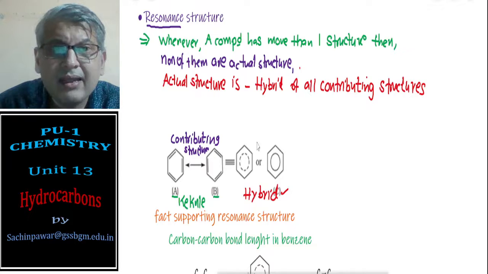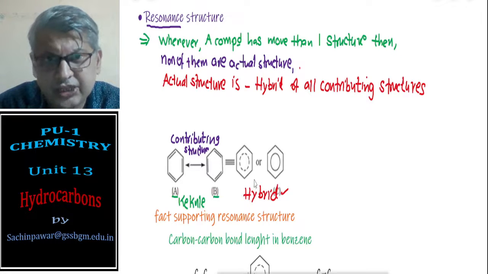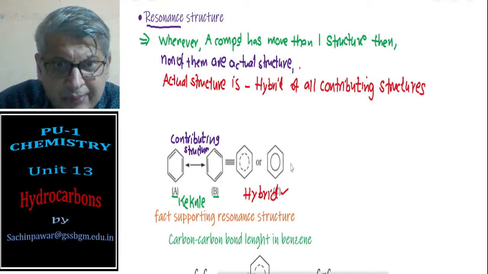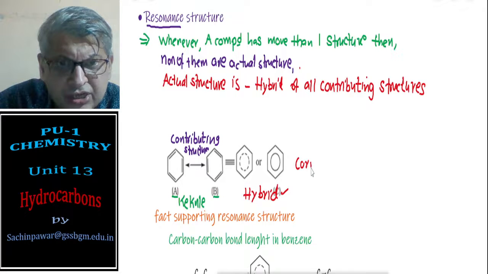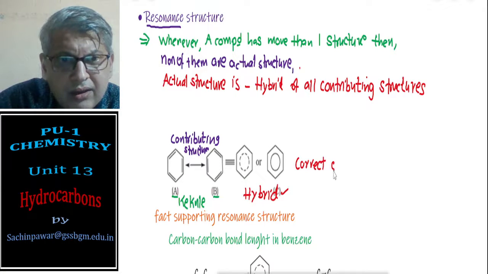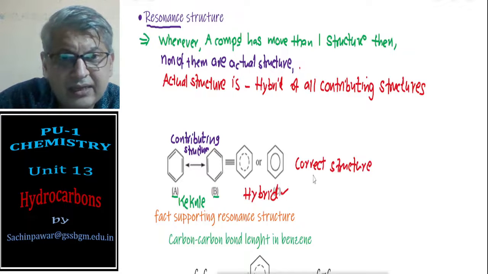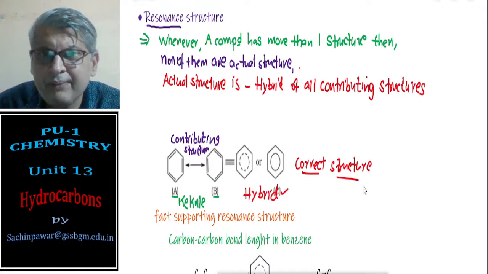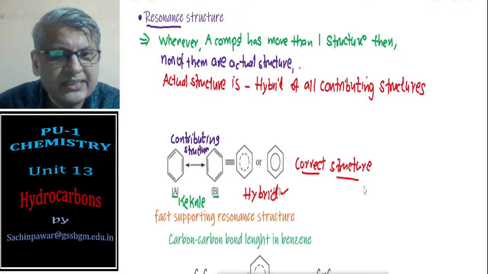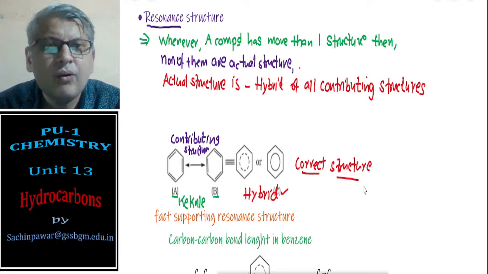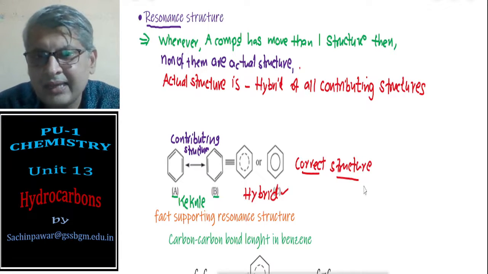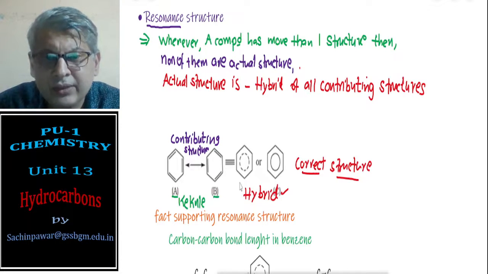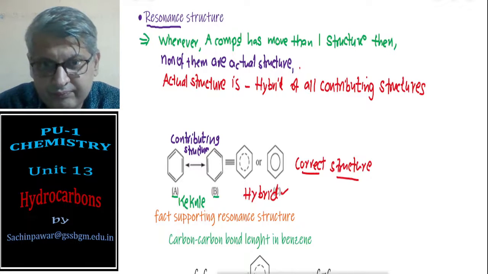And if you just check, this resonance hybrid structure is the correct structure of benzene. Why? Because objection number 2 is that it is not decolorizing the bromine water and not decolorizing the alkaline KMnO4. That can easily be understood if you check the carbon-carbon bond length.